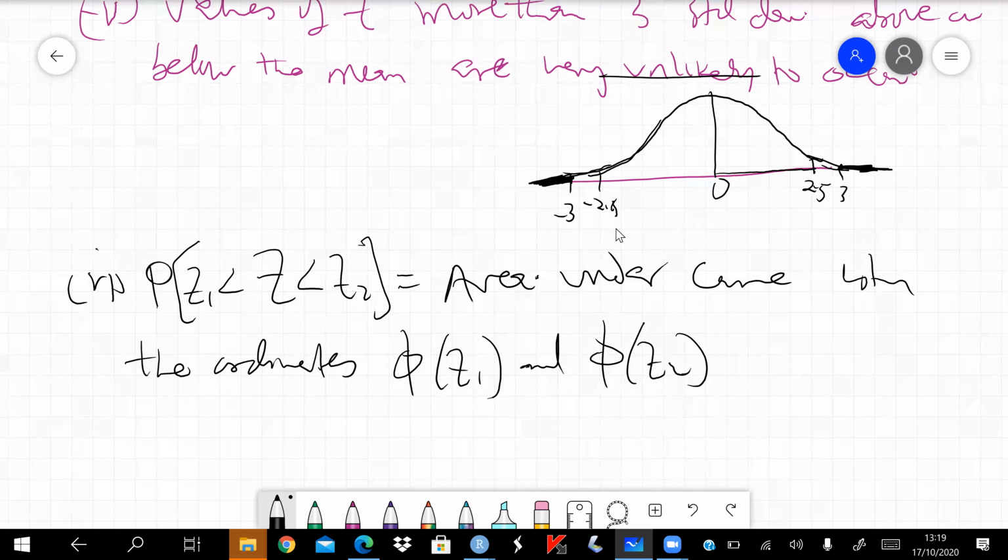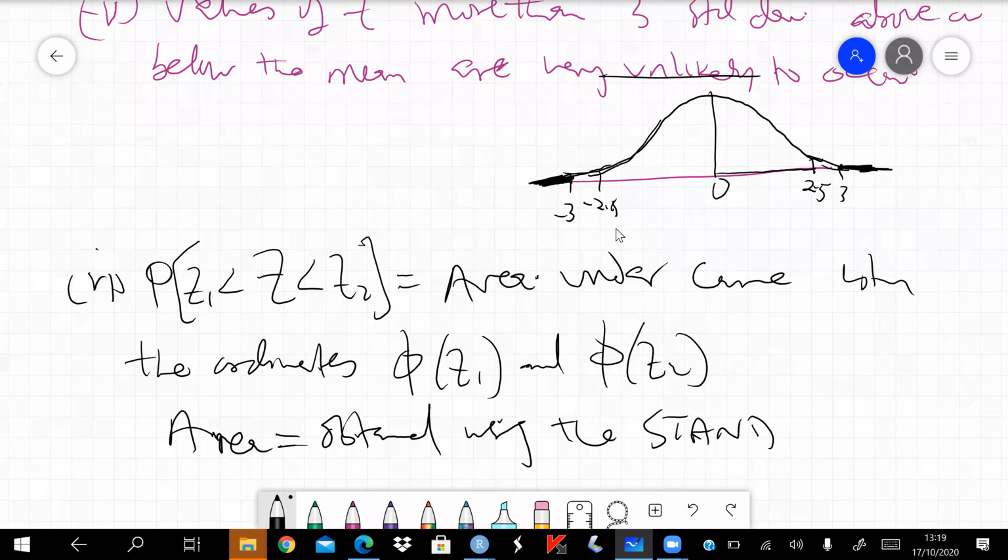And this area is always obtained using tables, using the standard normal tables.